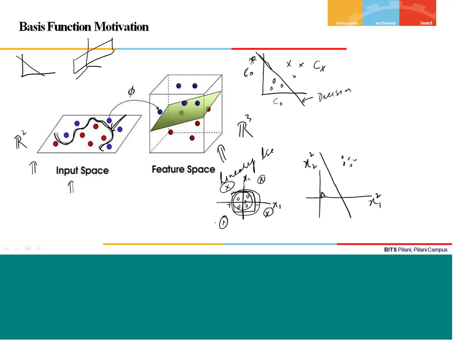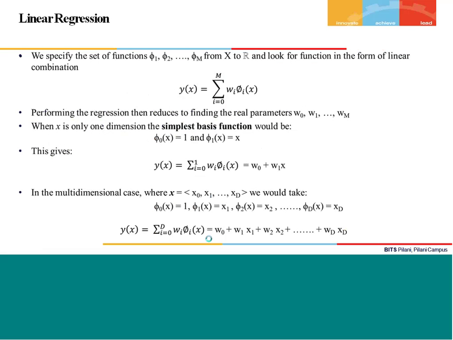What you can do is project your x into a higher dimensional space. So we specify a set of functions phi1, phi2, up to phi-m, where each phi-m maps from x to R. What it is doing, we will see in an example.